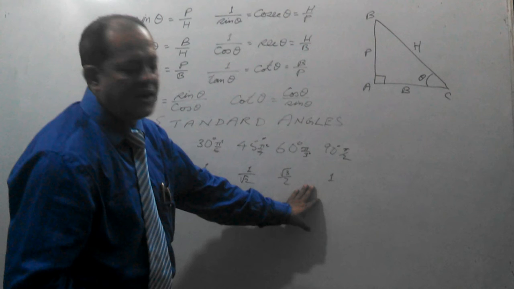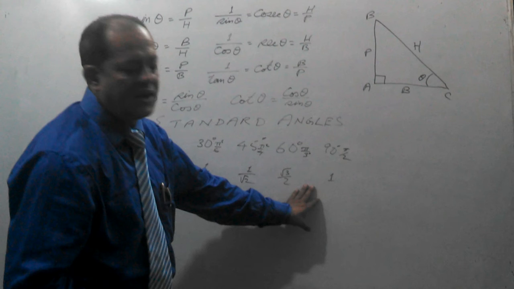And sin A minus B is equal to sin A cos B minus cos A sin B. Now if we subtract, this one will get minus and this one will get plus.